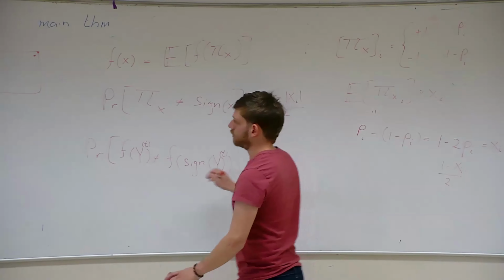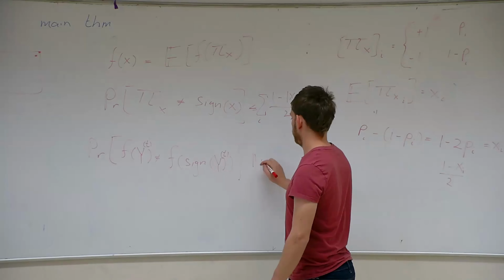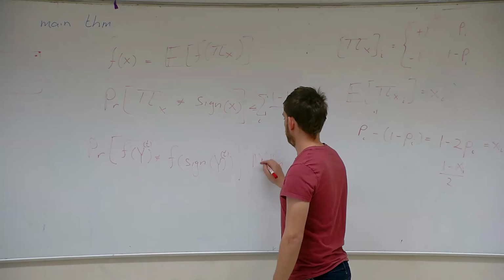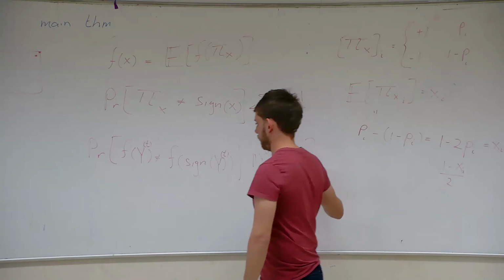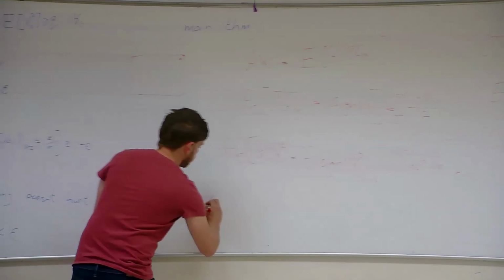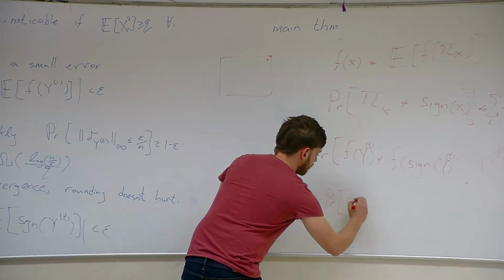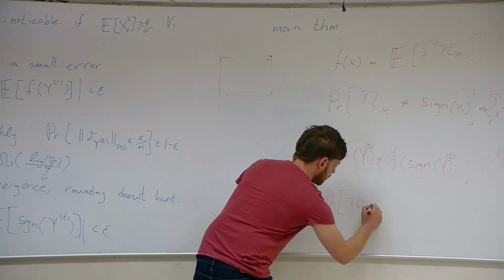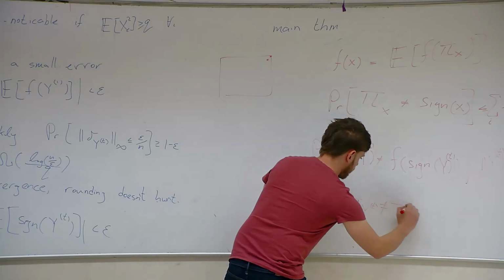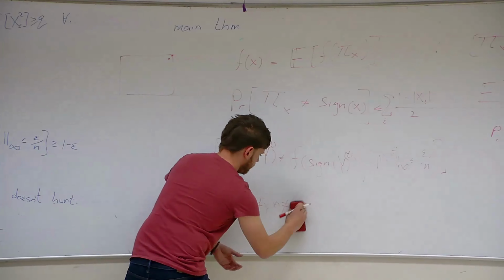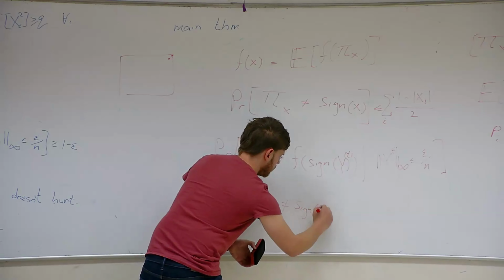Conditioned on the convergence is stated here, the infinity norm of yt is really small. So this is at most 2 times the probability that pi yt doesn't equal pi of sign of yt.